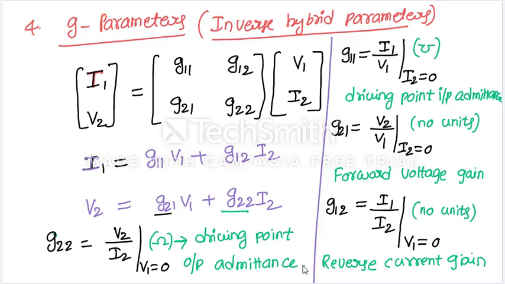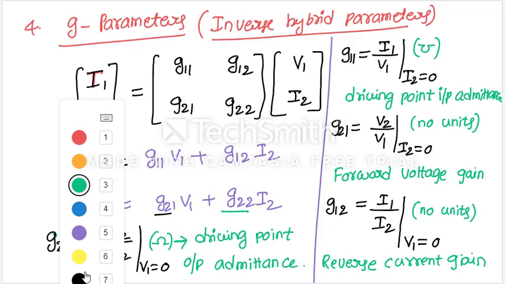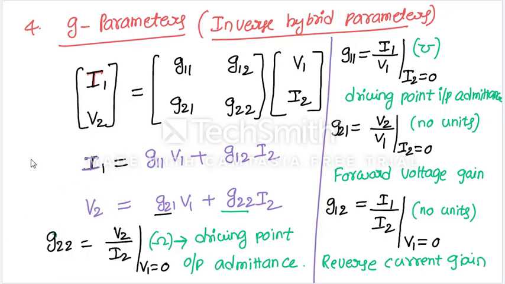Now we can develop the network for this. This first one is a KCL equation and the second one is a KVL equation. So input is a Norton's, output is a Thevenin.